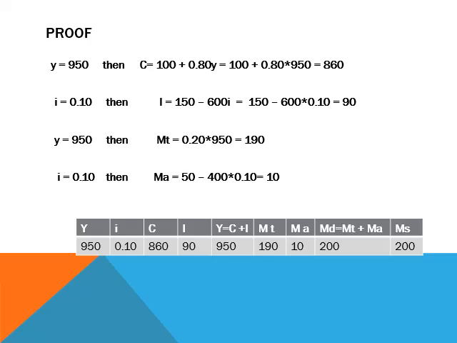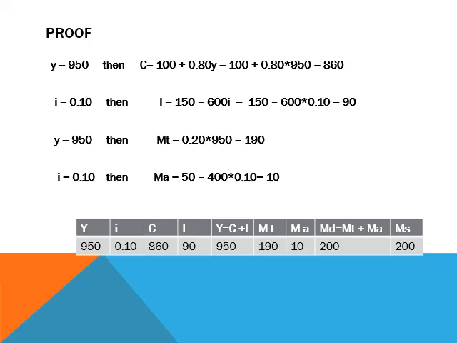We know that the condition of the equilibrium in the market of money is MS equals MT plus MA. So MS is given as 200.